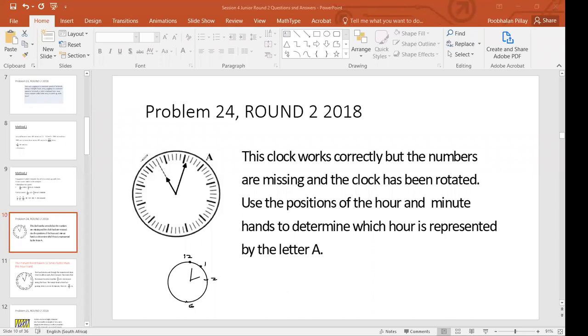In other words, the hour hand has moved from the previous hour. It takes 1 hour to go from here to here, right? The hour hand, not the minute hand. It takes 1 hour. But if you look at this, it has only traversed exactly 3 of these 5 units.